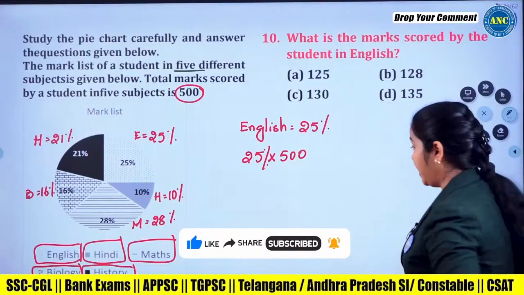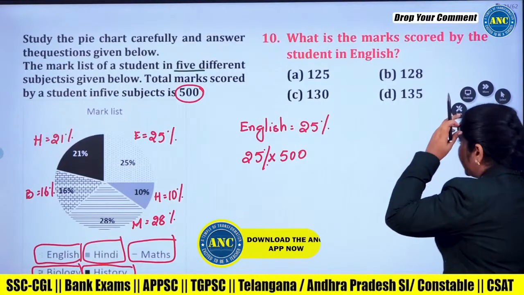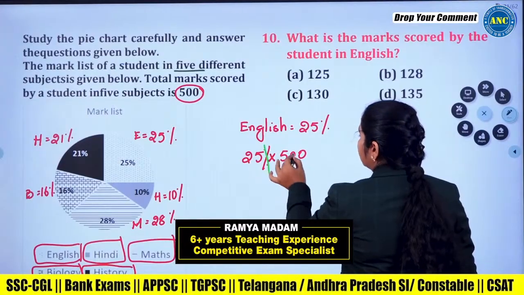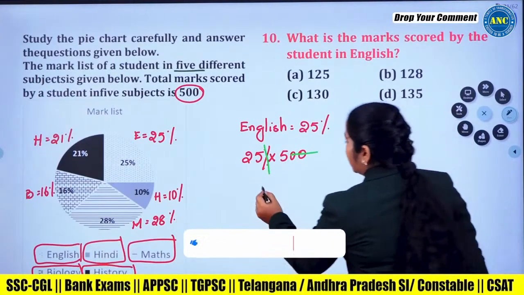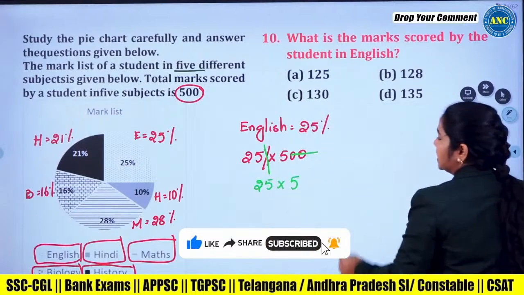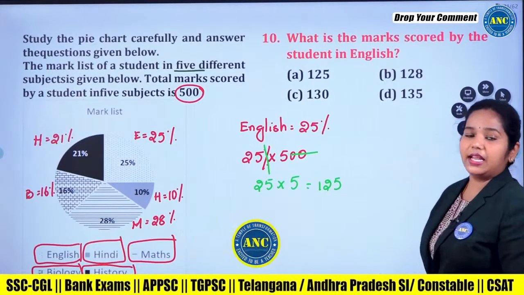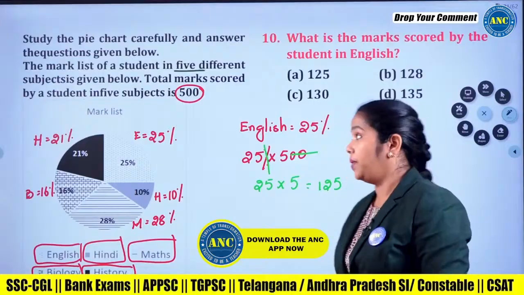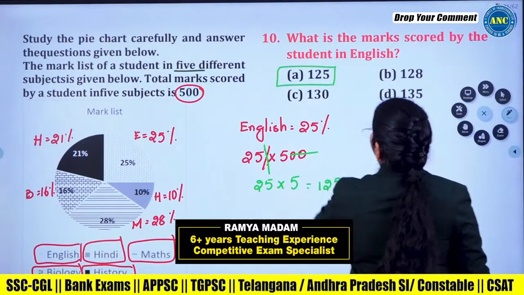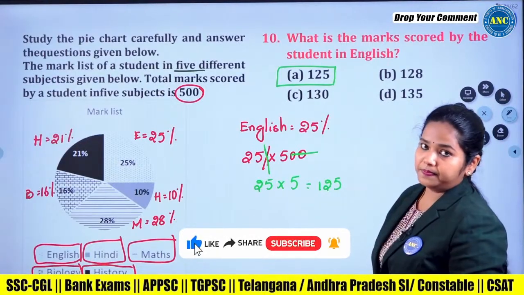Again the same method: if you have percentage and zeros, you will cancel them off. 25 into 5 is how much? 125. Option A, 125 is the correct answer. Right? Clear?